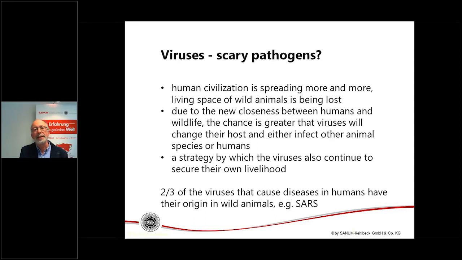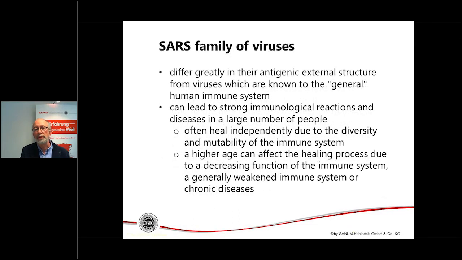An example of this is the SARS family of viruses. These viruses, which are transmitted from animals to humans, often differ greatly in their antigenic external structure from viruses which are known to the general human immune system. For this reason, they can lead to strong immunological reactions and diseases in a large number of people, which often heal independently due to the diversity and mutability of the immune system.